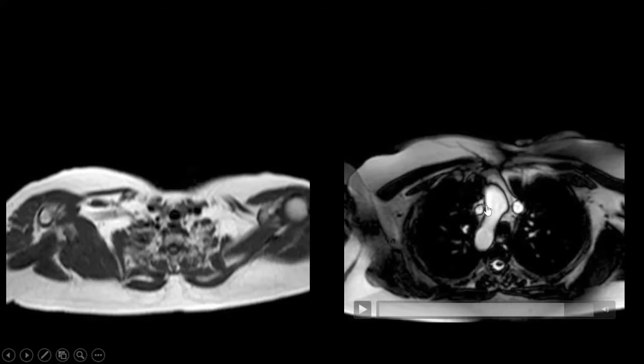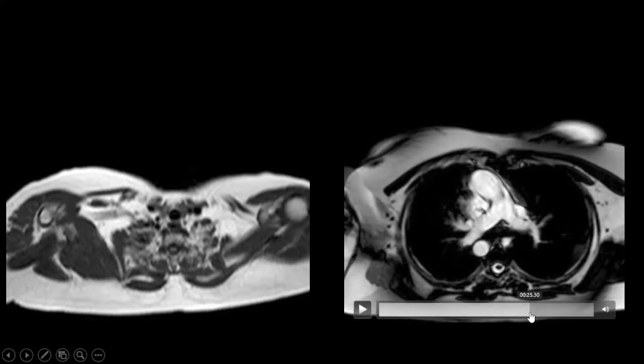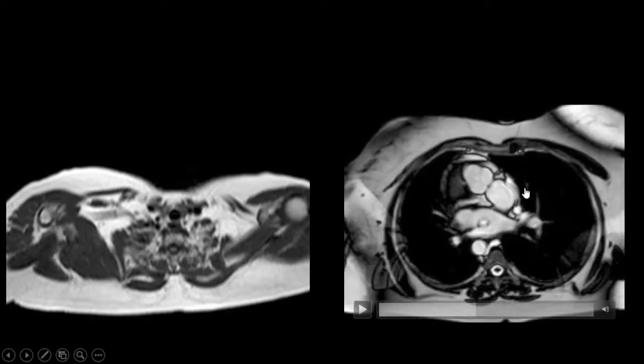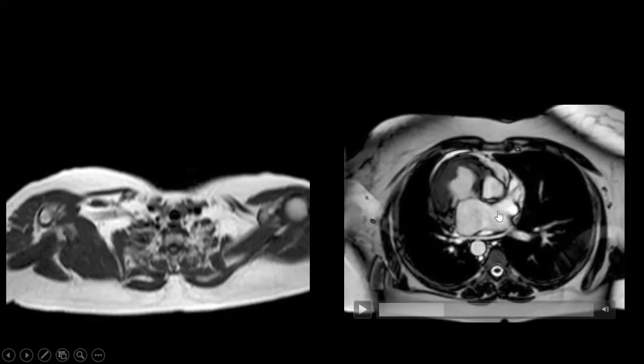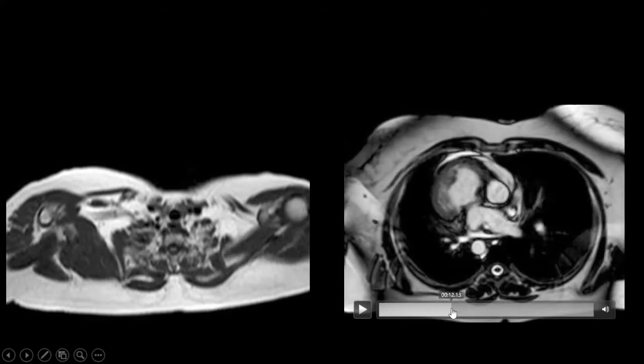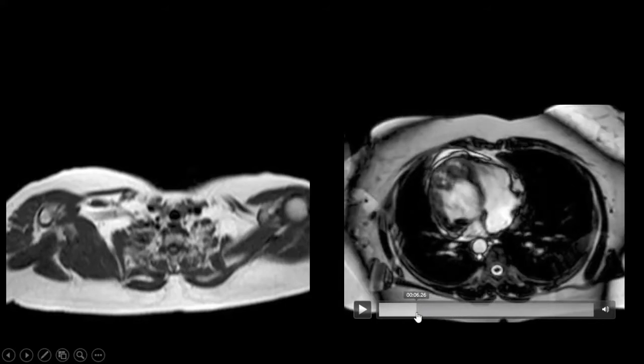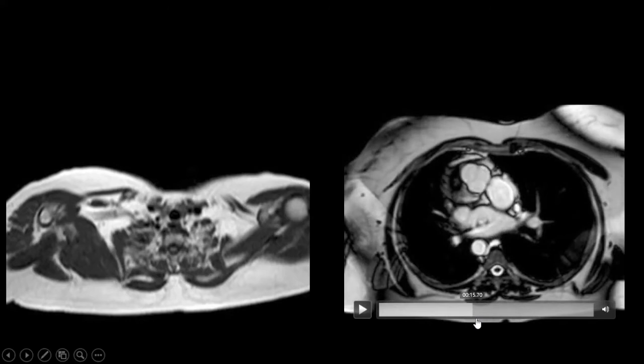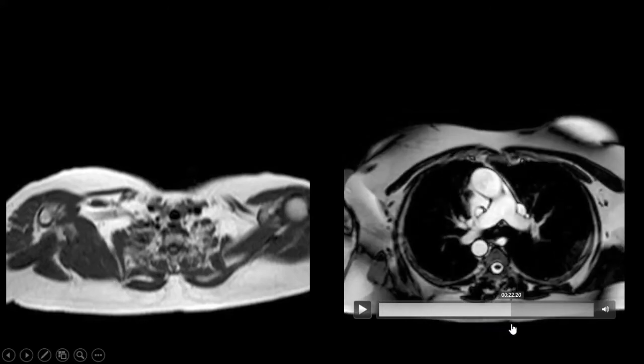We can see there are dual SVC. So the left SVC goes directly into the right atrium, which is on the left side. Right SVC drains into the coronary sinus, which in turn opens into the morphological right atrium, which drains into the left ventricle, which gives rise to pulmonary artery.